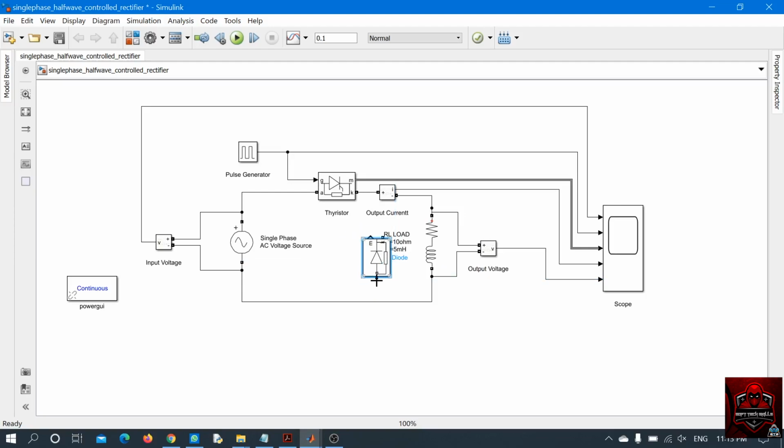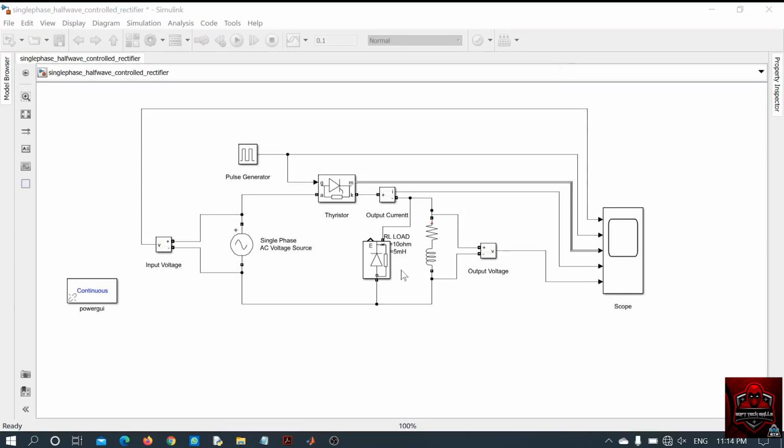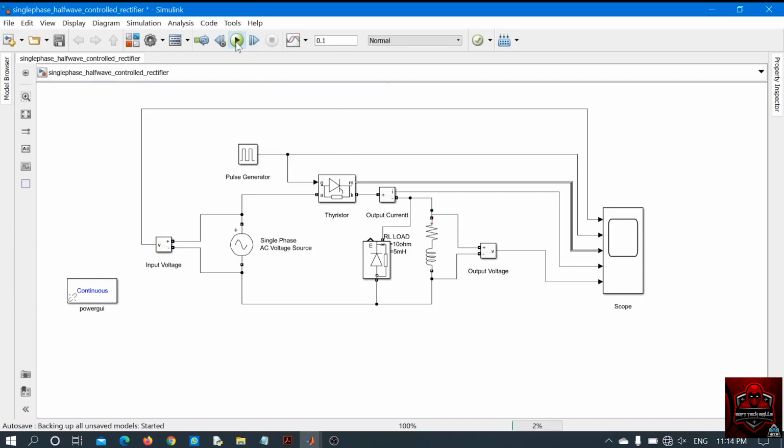Connect it across the load. Let's run the model.